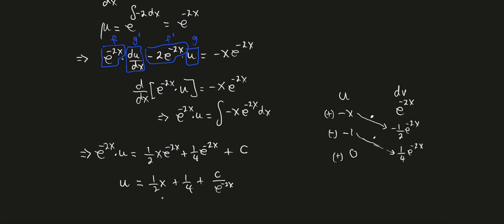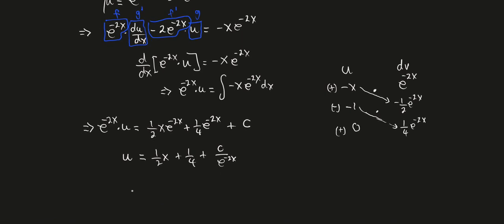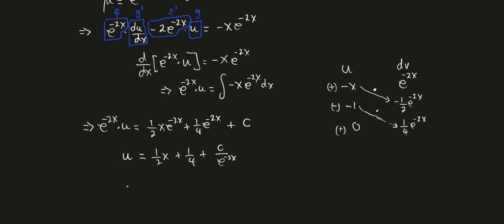But then I can rewrite this in this form. So u is 1/2 x plus 1/4 plus c e to the 2x. And this is great. This is our general solution, but this is the general solution for u.